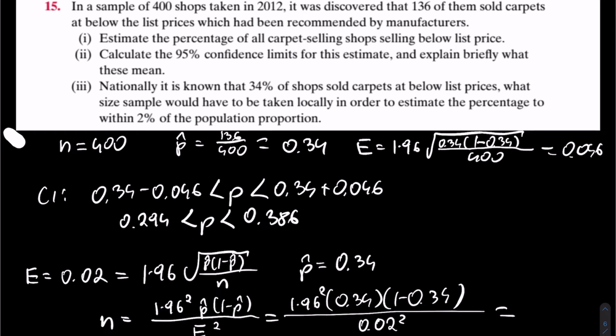Obviously 1.96 has to be squared as well. 1.96 squared multiplied by 0.34 times 0.66, and all that divided by 0.02 squared, which gives me the value of 2155.13, which approximates to 2156. Cool. And that's the last problem in this section.